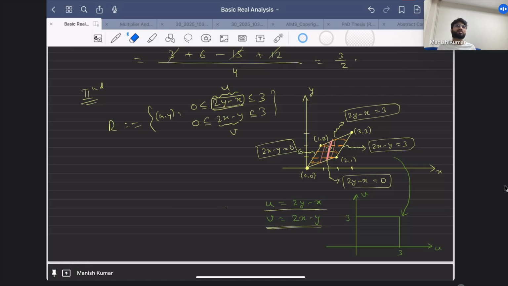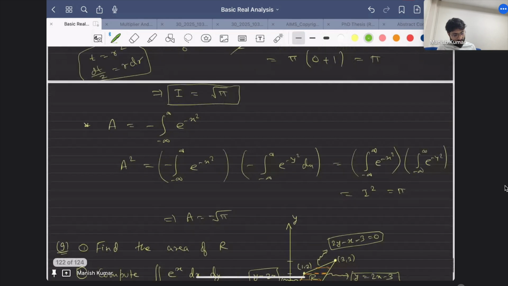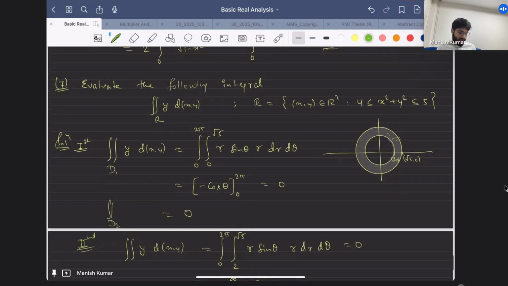Even for two integrals you cannot always break it like this. It has to be simpler. As you can see in this case also, it becomes very complicated when you try to do it in the Cartesian product.